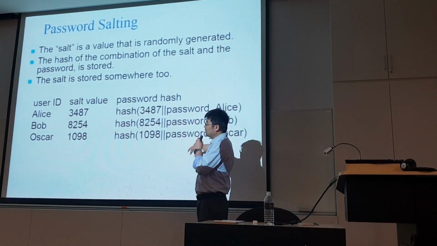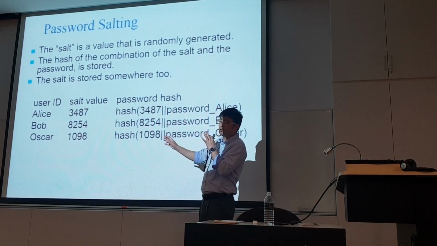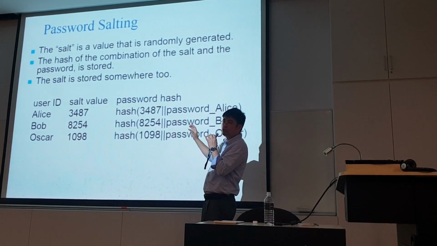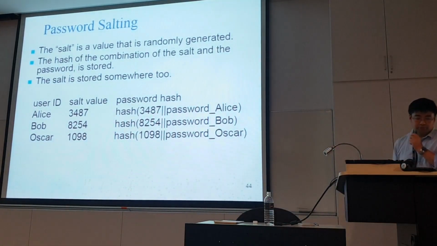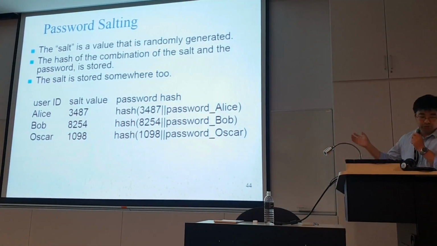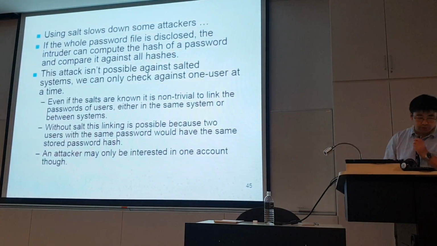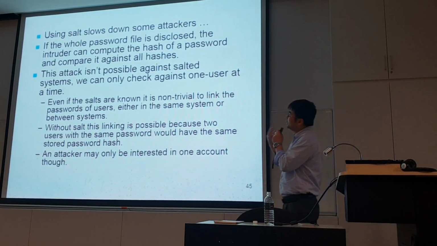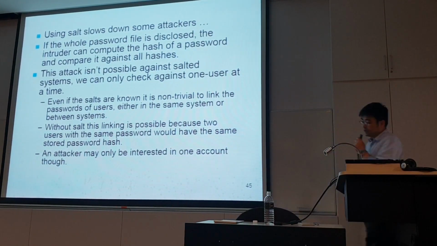From the hash table, you cannot tell whether any two people chose the same password or not, because each one has a unique salt value attached to the password for hashing. So that's the advantage of using salting. Using salt can basically slow down the attack.